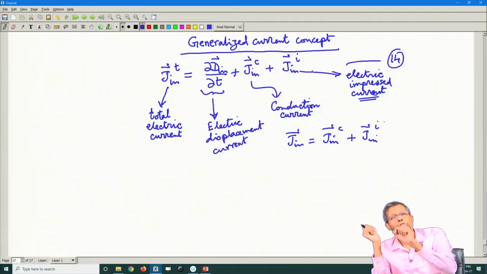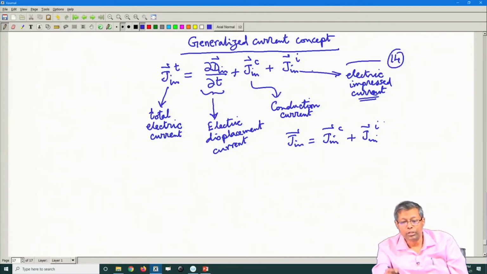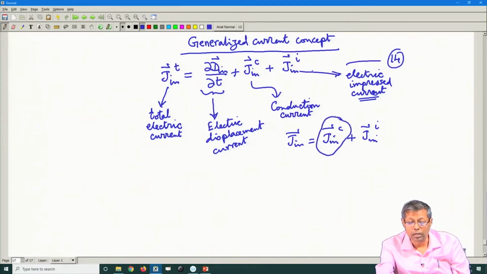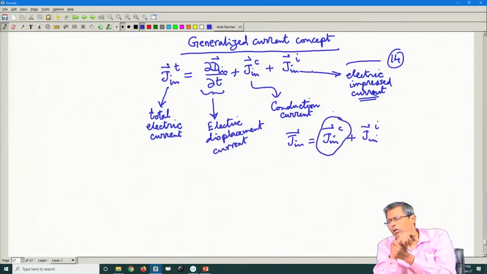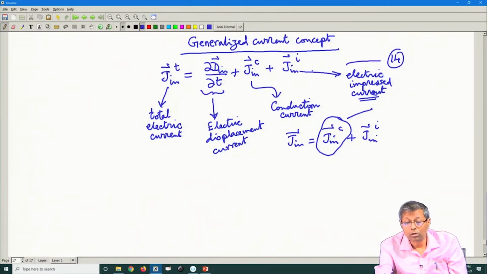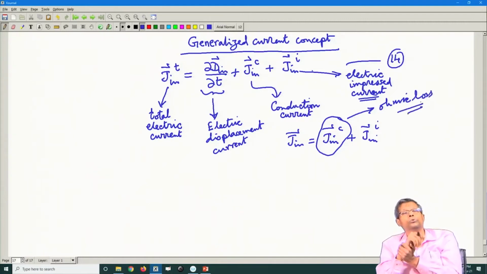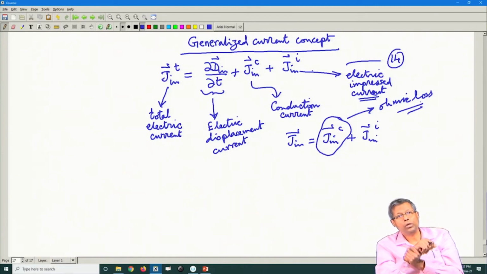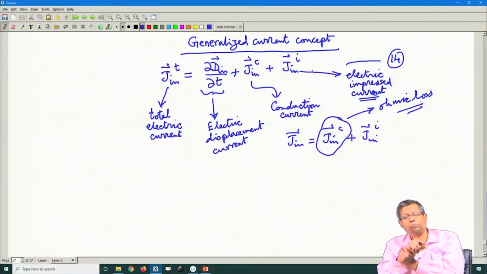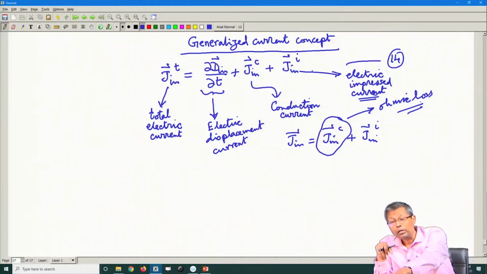The other part, which is lost as ohmic loss, is the power due to J in C, the current in the conductor. This is the source of ohmic loss. I will again repeat that this ohmic loss will heat up the conductors, but it will contribute to the real part of the power.